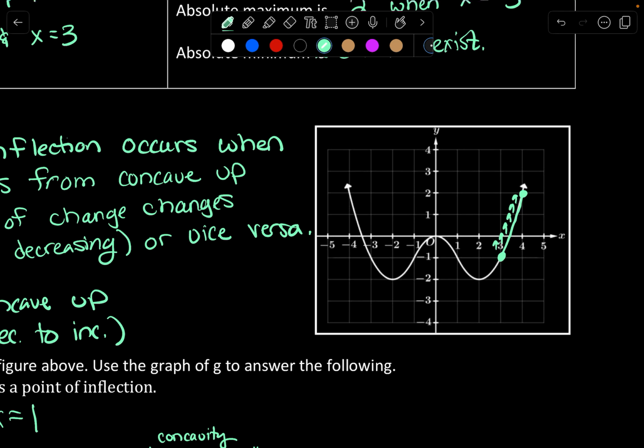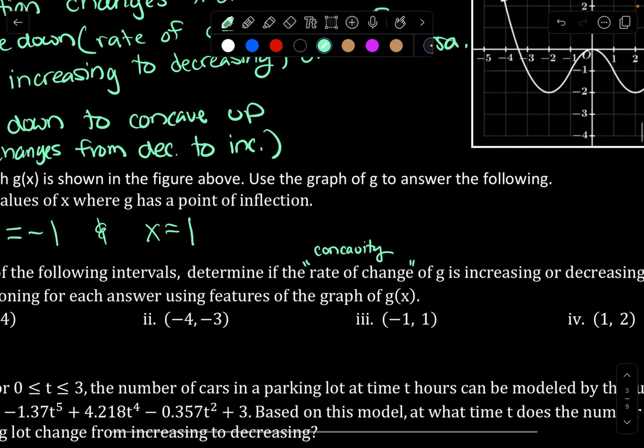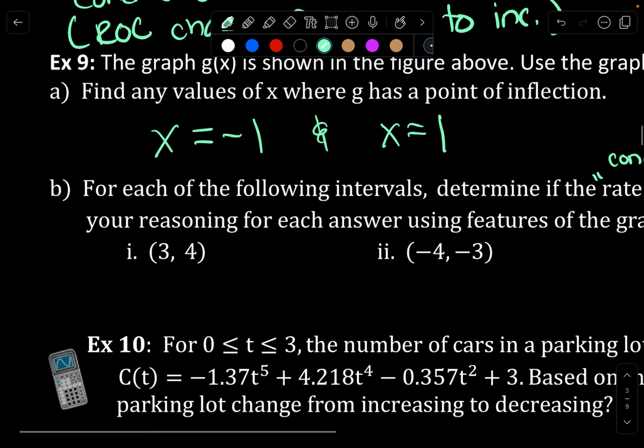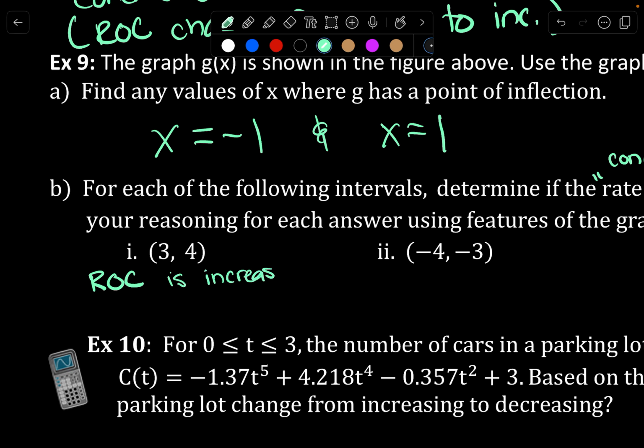And that's happening because the rate of change is increasing, okay? So the rate of change, and I'm going to abbreviate just because I didn't leave a lot of space for this, I don't usually like abbreviating. So the rate of change is increasing because g of x is concave up.